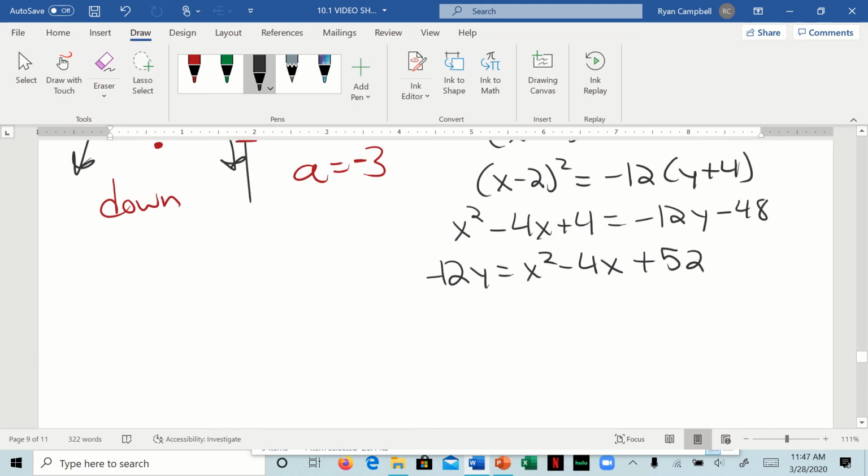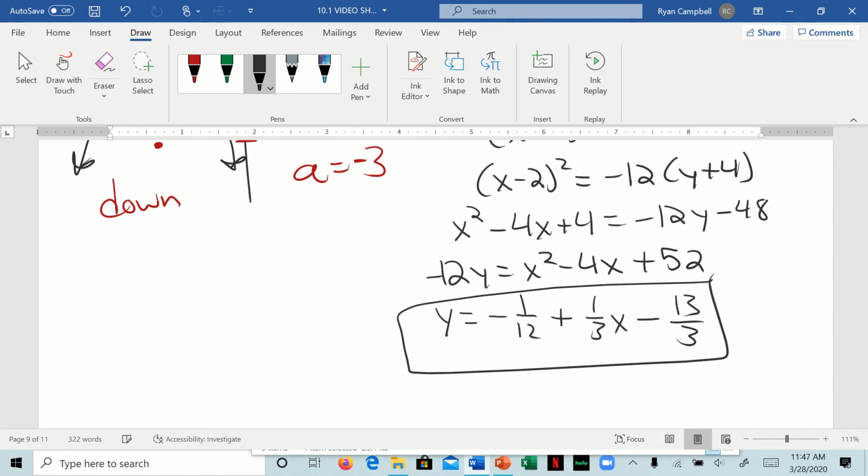And then we just divide everything by -12. So y equals -1/12 x squared minus 2/3 x plus 2/3. Oh, yeah, don't forget the x squared. That's important. Good.